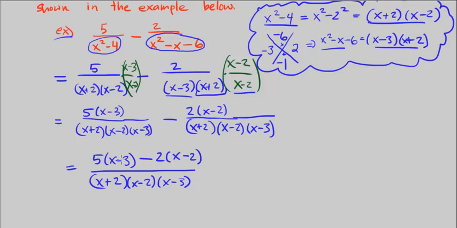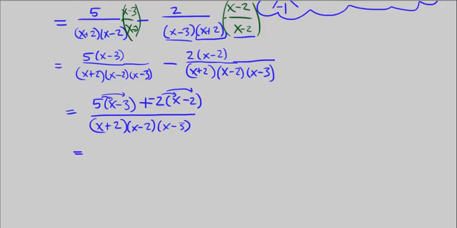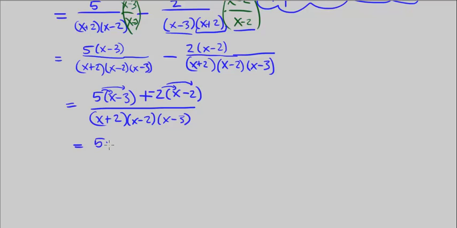Now in the numerator, I can distribute the 5 here and make this a positive and negative 2, so I can distribute the negative 2 and combine like terms. So I have 5x minus 15 plus negative 2x, negative 2 times negative 2 is positive 4.